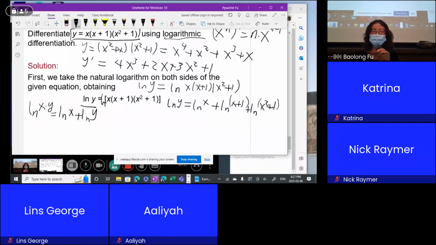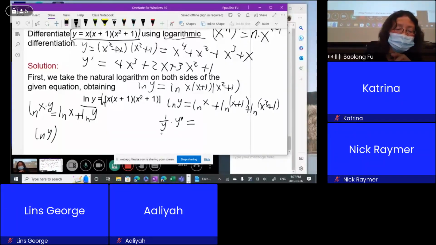And now, both sides, you take differentiation. Left-hand side, you have 1 over y, then y prime. The reason is ln x derivative equal to 1 over x.